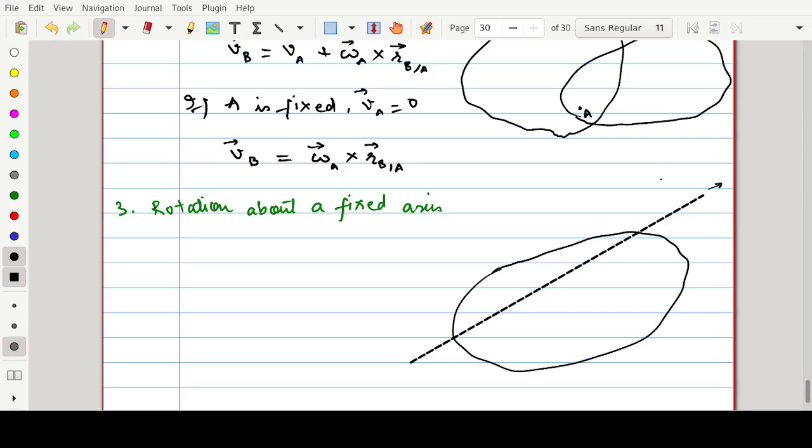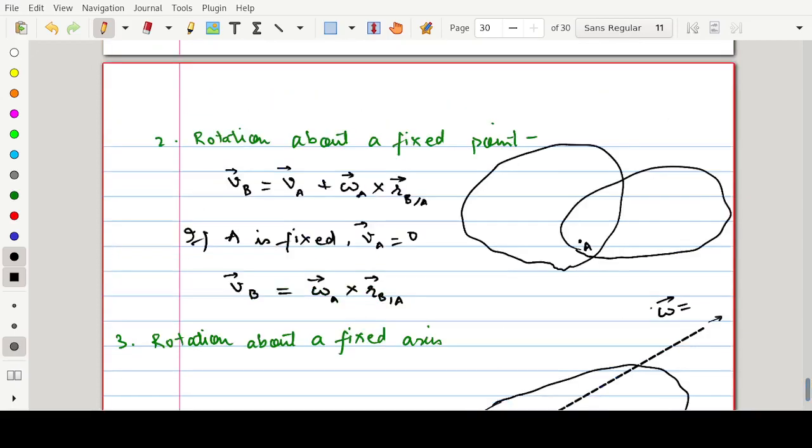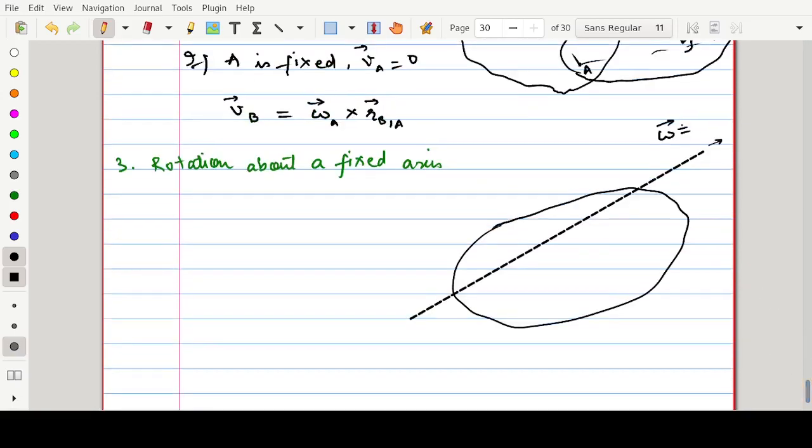So your omega has a fixed direction now. Here omega was changing its direction in the previous case. At one instant it could be like this, or at another instant it could be like this. But here omega, though it can change its value, will always be omega k if k is the direction of this axis.